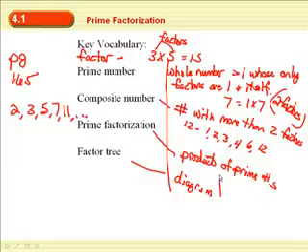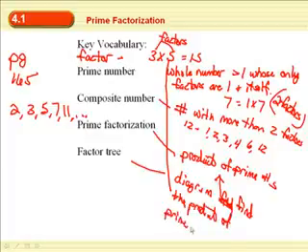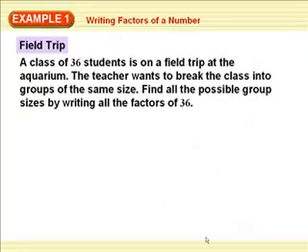It's a diagram that will find the product of the prime numbers. All right, and we'll definitely be using the factor tree in the examples. So let's move ahead to our first example.